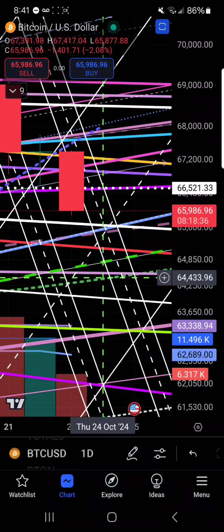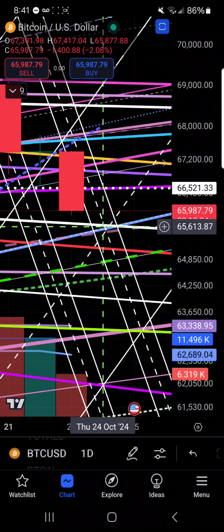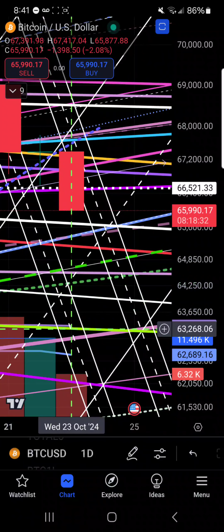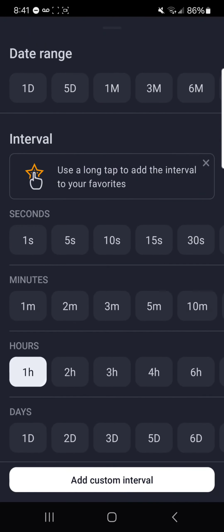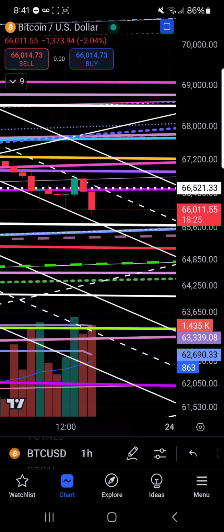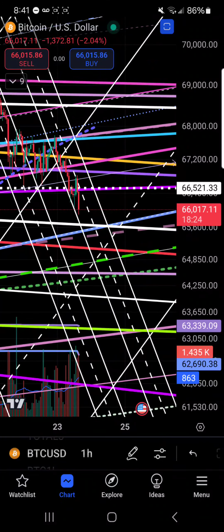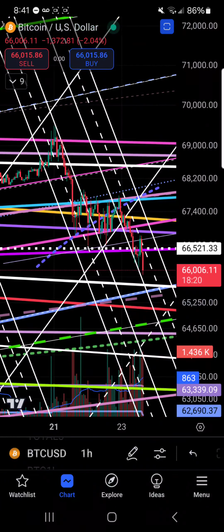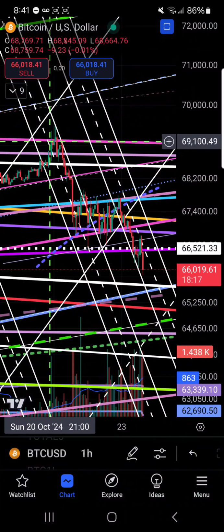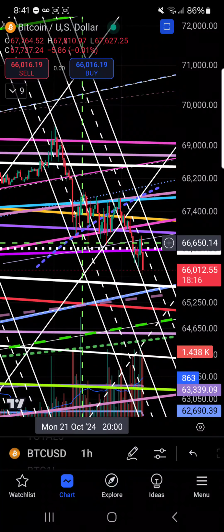Anyway, you see these two downward sloping channels here. And when I go on to an hourly time frame, you'll see what those are. It doesn't really show too well on the daily time frame, but those are our usual channels that we trend downwards in.